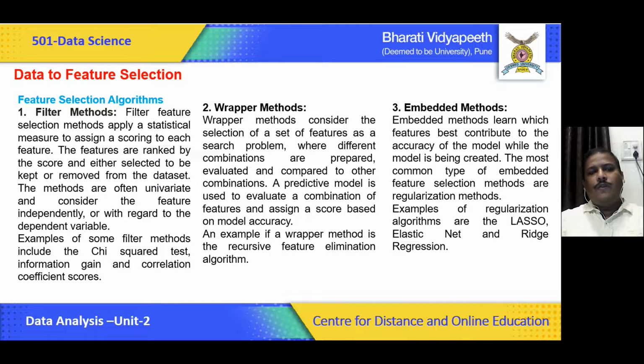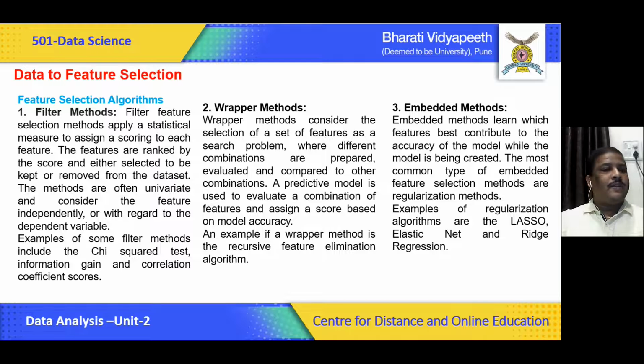Now when we are going for feature selection, we have converted data into features. Now we have to select from them for our next process. We have different kinds of selection processes. You can see here we have three different kinds of algorithms for feature selection.